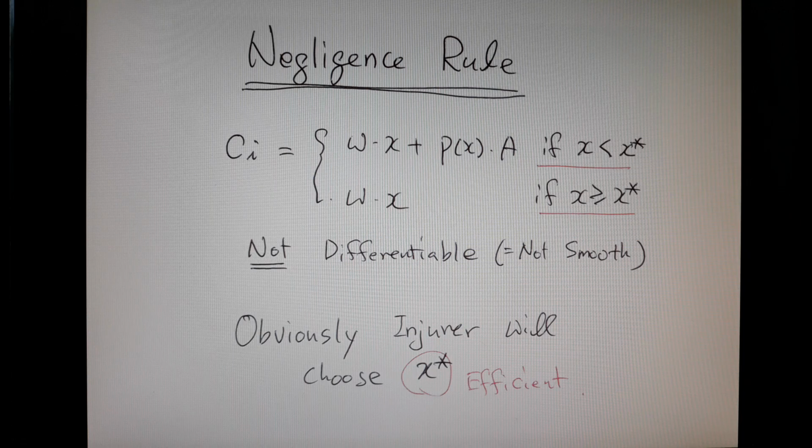So this numerical example is not more complicated than the graphical example, except that we have to do the differentiation a little bit, the first order condition for the minimization. However, by this, I showed you how you can calculate the optimal precaution level and whatever precaution level the injurer would select under the strict liability rule or negligence rule.